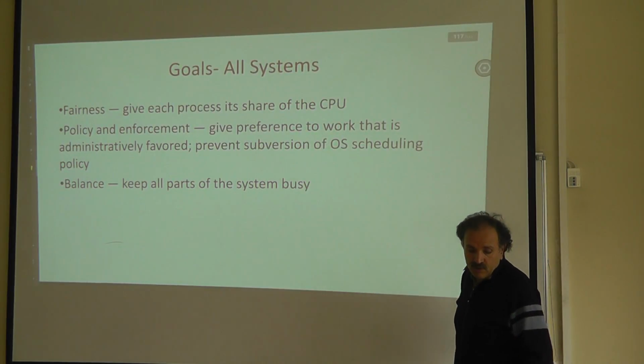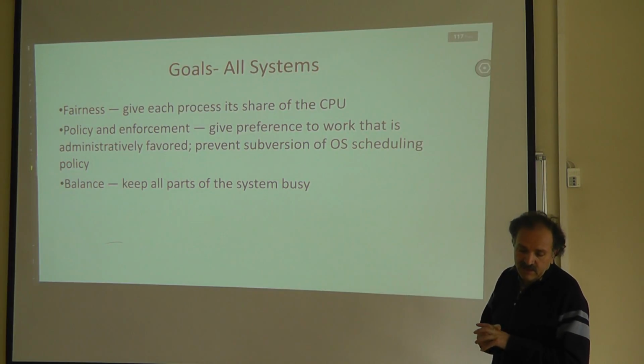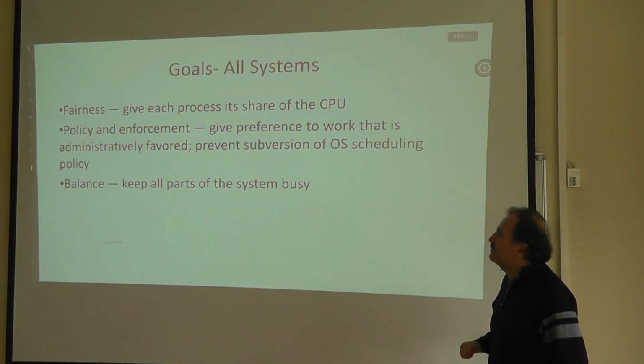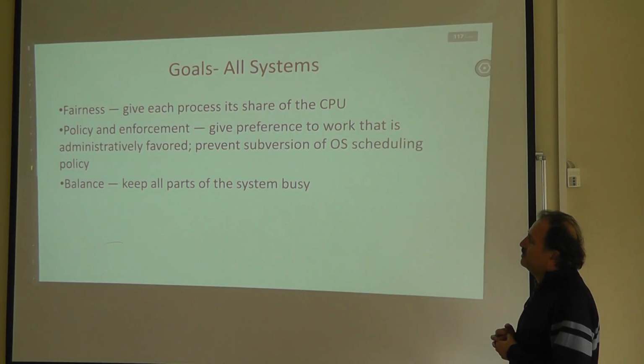Okay. So when we do the scheduling decisions, when I say that I don't have any single answer to all of those questions, I need to set some goals for my scheduler, okay? So these are some common goals. Fairness is one of the most common goals of all schedulers.